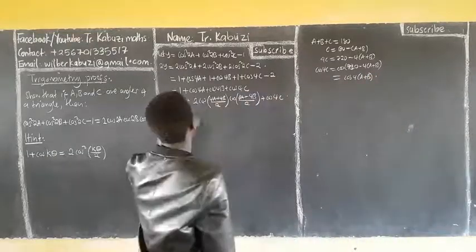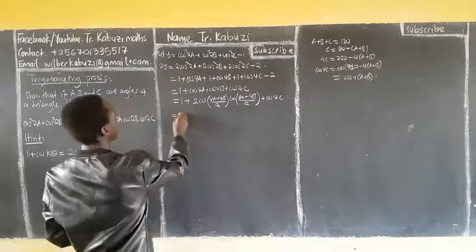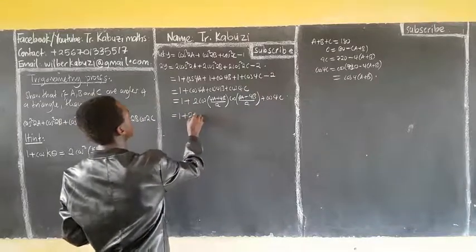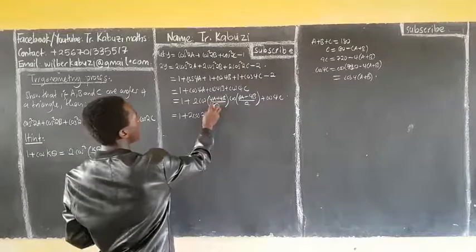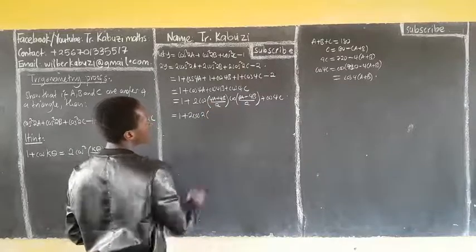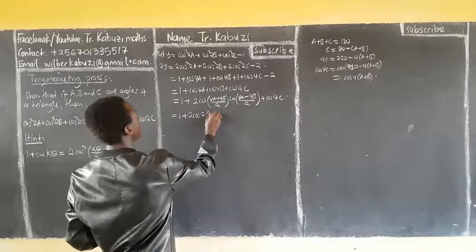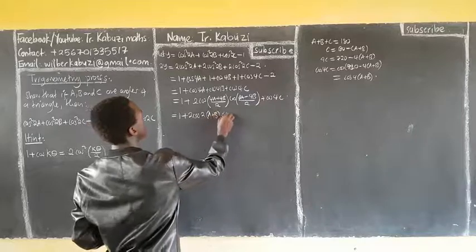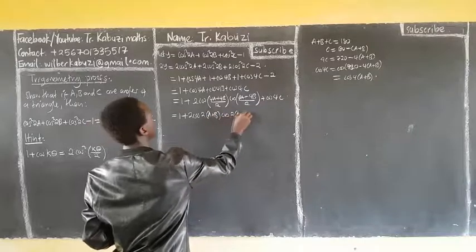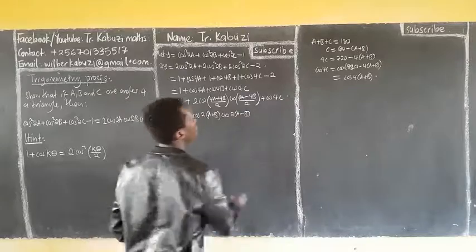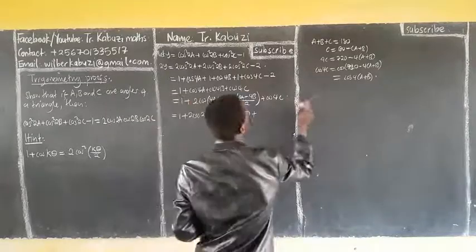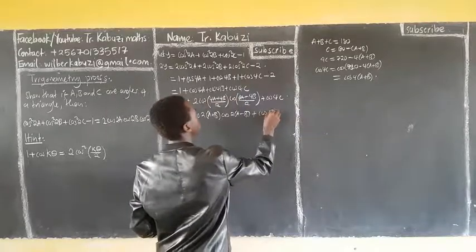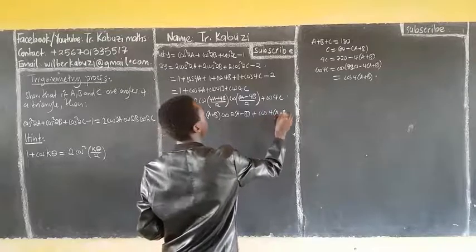So now, from here, I'll be having 1 plus 2 cos of 2A minus 2B after dividing by 2. If I factorize out that 2, then cos of 2(A minus B), then plus, allow me to put this, cos of 2(A plus B).